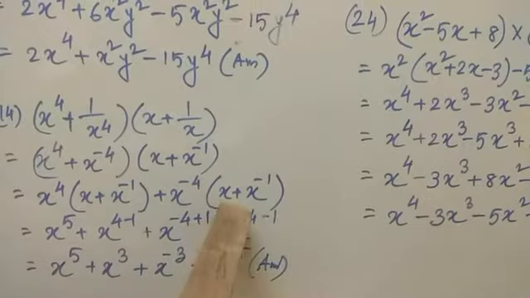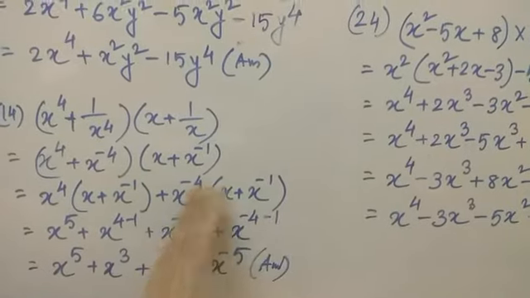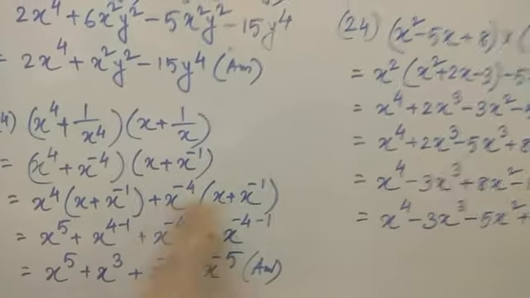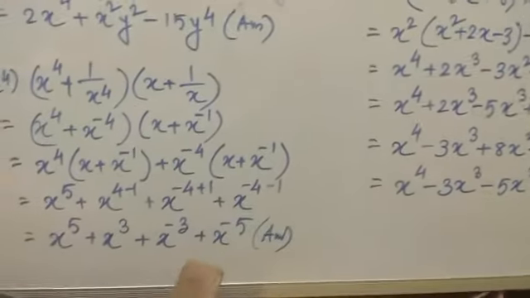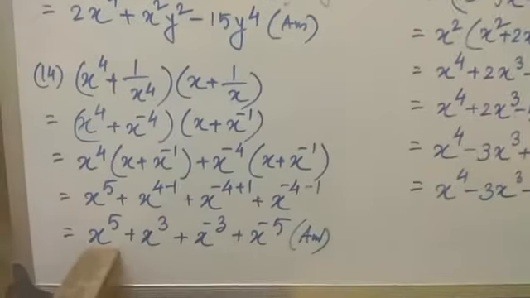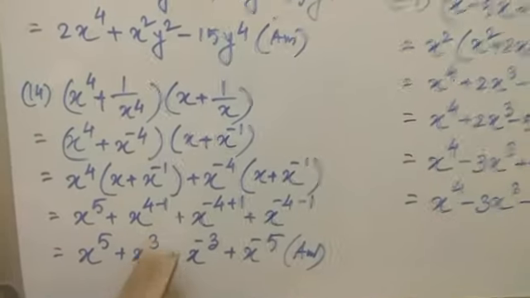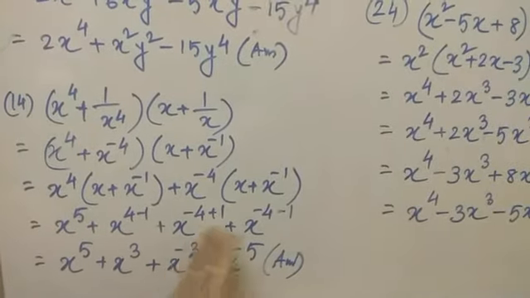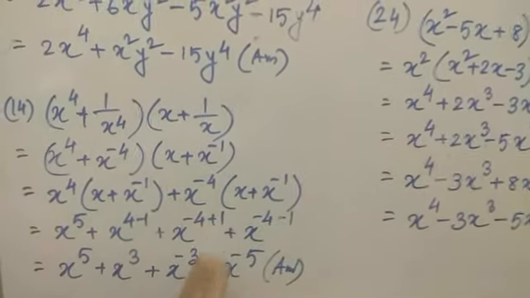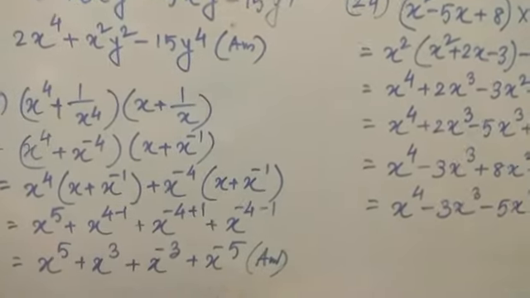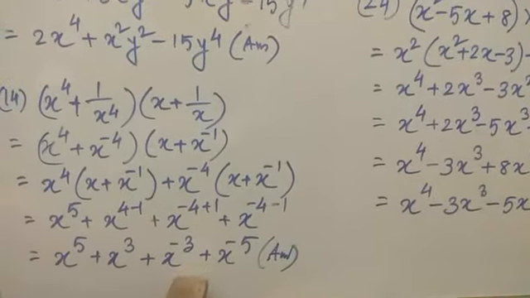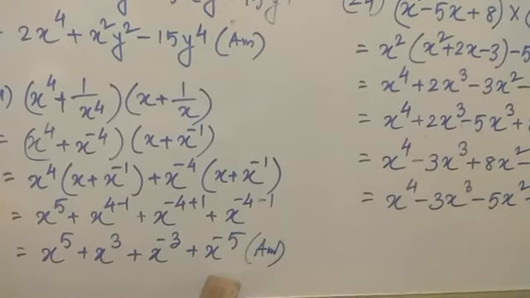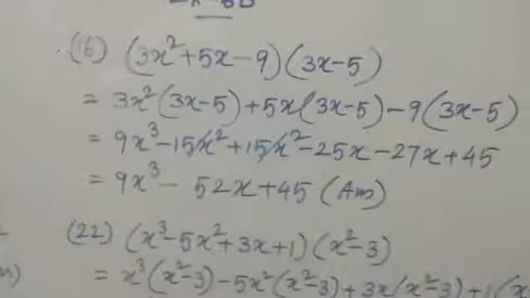When the bases are same, then powers must be added, so minus 4 plus 1, plus into plus is plus, x to the power minus 4 minus 1. Equal to x to the power 5 plus x to the power 3 plus x to the power minus 3, minus 4 plus 1 is minus 3, plus x to the power minus 5. You may write it as 1 by x to the power 3 plus 1 by x to the power 5. Next, question number 16.